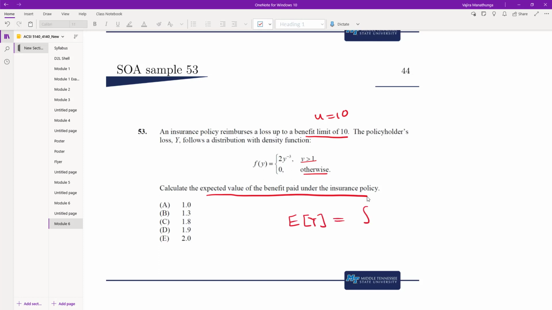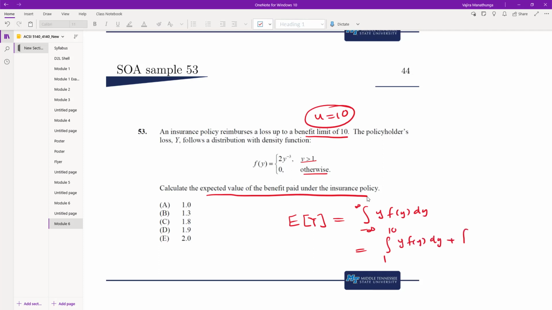We know the usual formula. But since you have policy limit u, we have to integrate from 1 to infinity. So 1 to 10 of y f(y) dy.